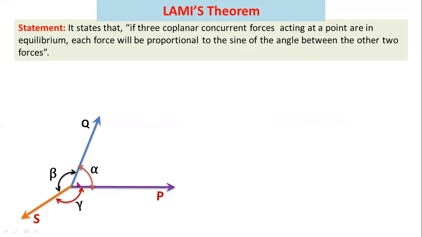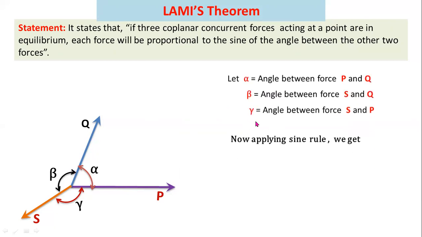From Lami's statement, each force is directly proportional to the sine of the angle between the other two forces. Here alpha, beta, gamma are the three given angles. Now we have to apply the sine rule for this diagram.